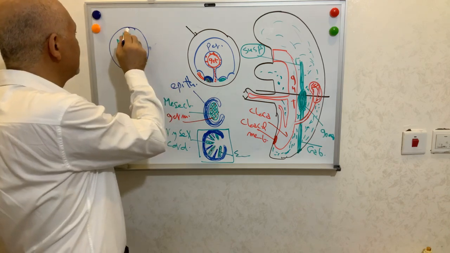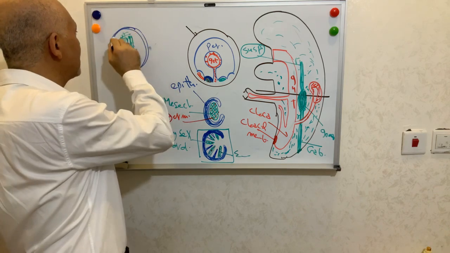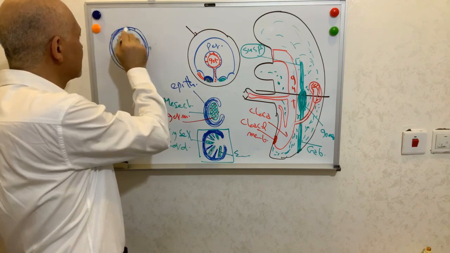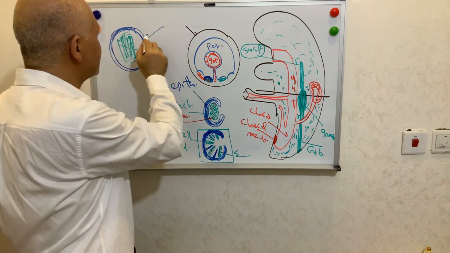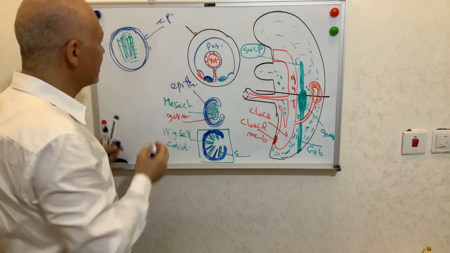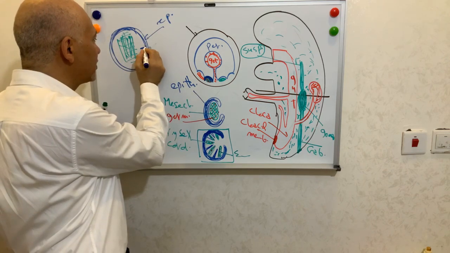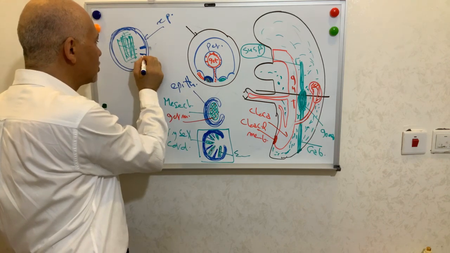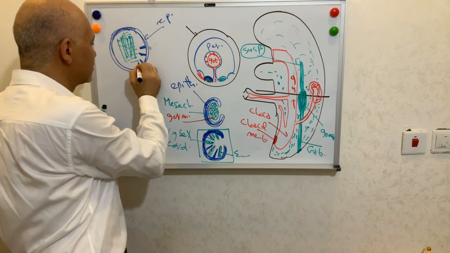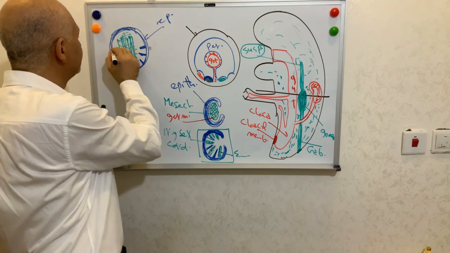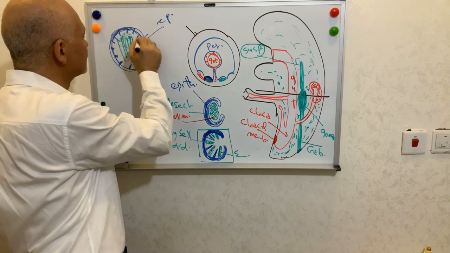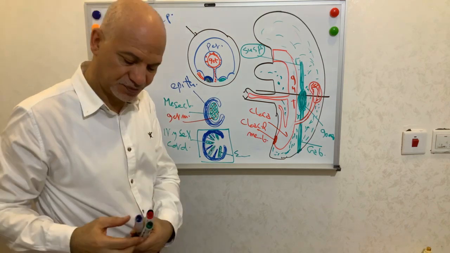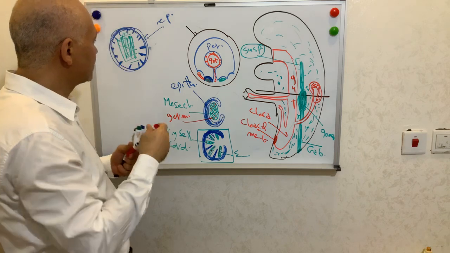At the same time, from the area of the cortex, which is formed from germinal epithelium, another cord forms, called cortical cords or secondary cords.